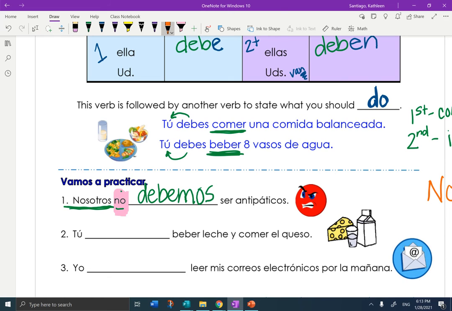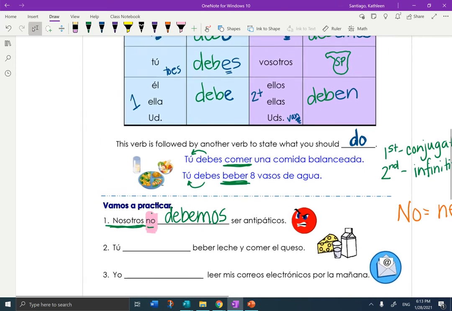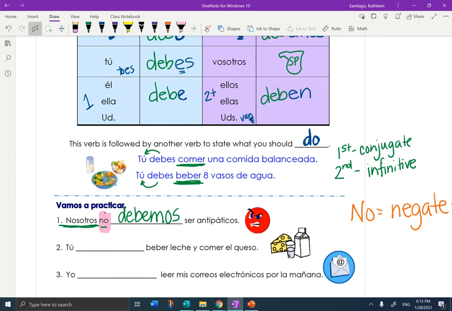2. Look up at the chart. What form of the verb deber matches tú? Tú debes beber leche y comer el queso. First verb conjugated to match tú.